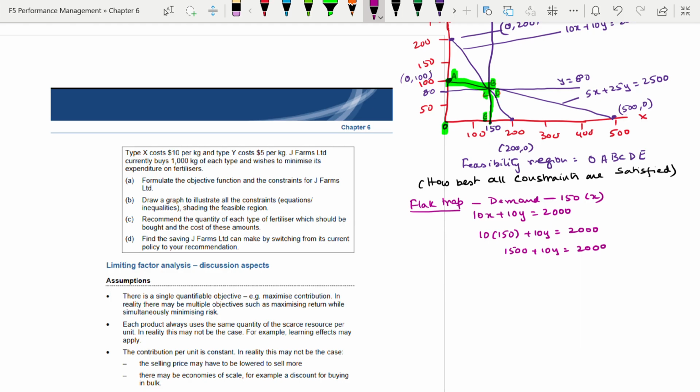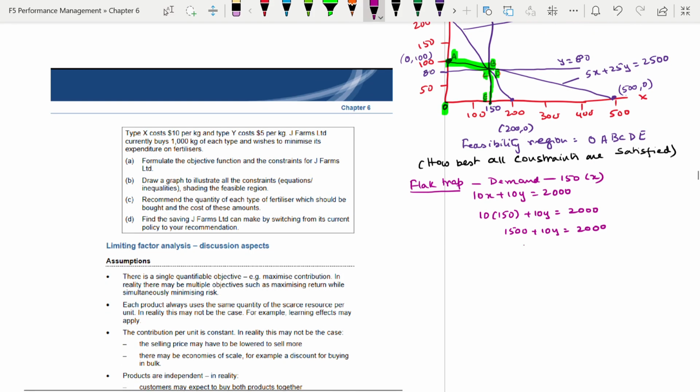Is it right? Now, to get 10y, 10y equal to 2000 minus 1500.